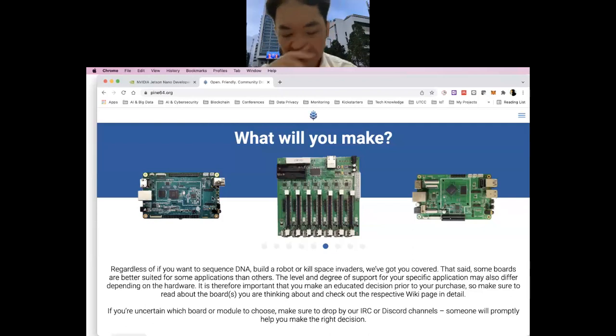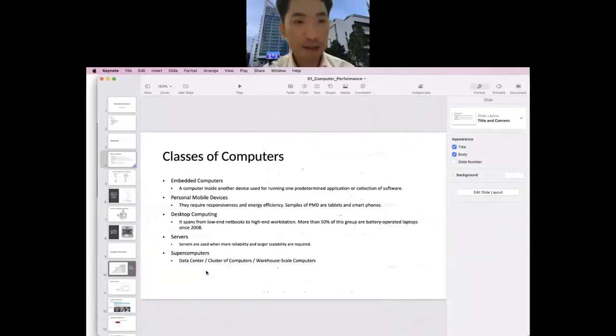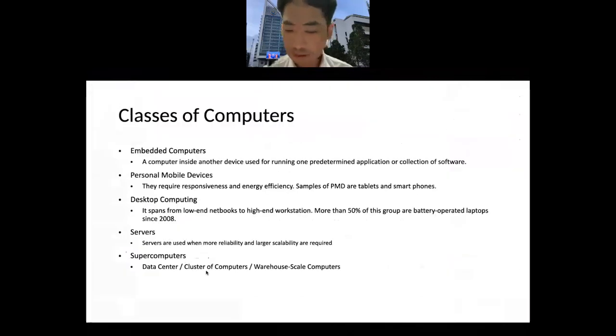It's quite cheap. And this is the example of embedded computers. So now we go next to other terms.